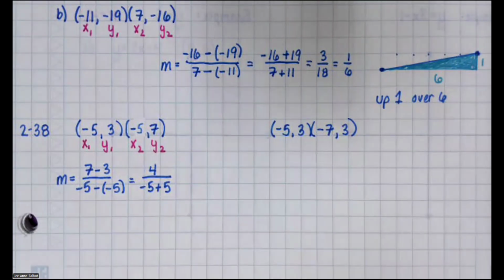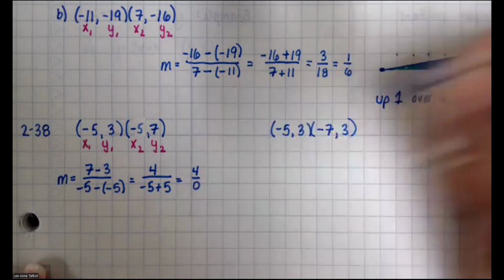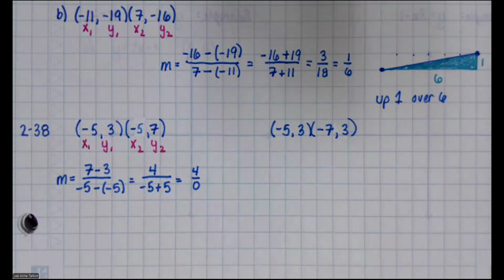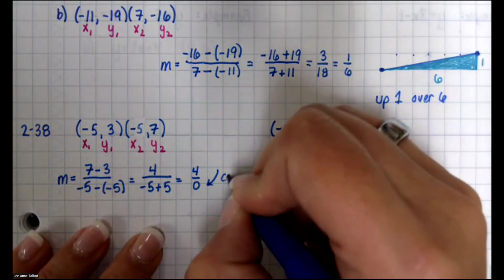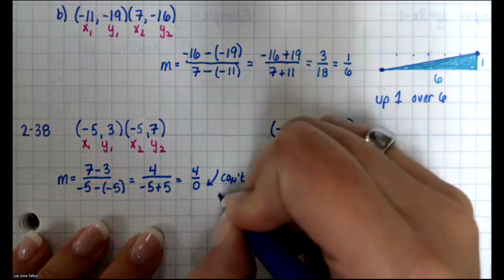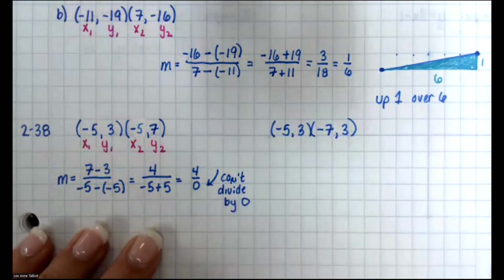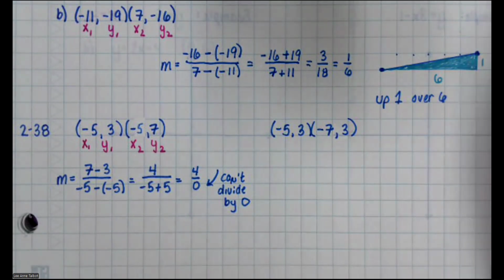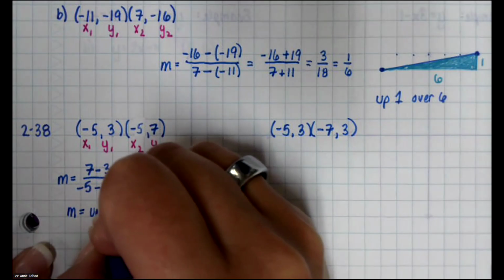You should start to feel like, uh-oh, something weird is happening here. We can't divide by 0, so we know the slope is undefined.